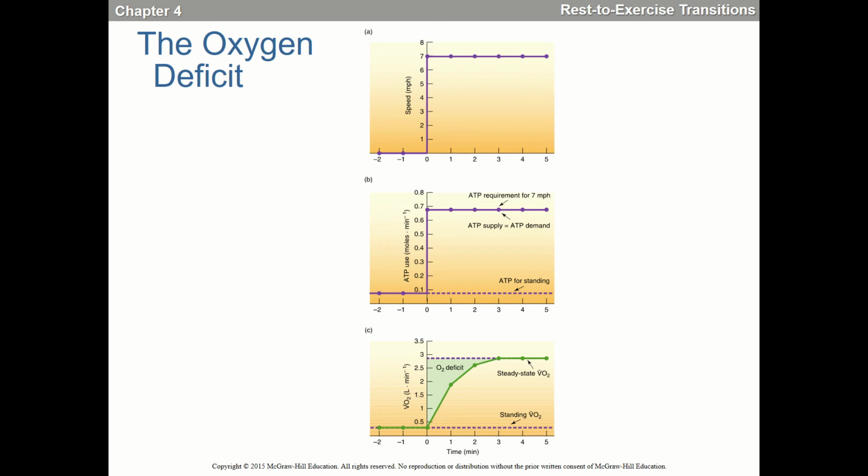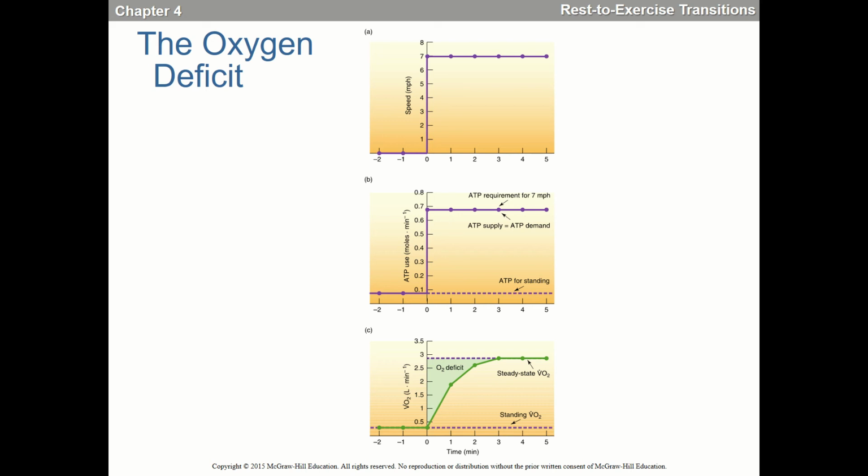So, oxygen deficit. Let's look at a couple things on here. Hopefully you have your stuff pulled out because it is kind of hard to see up here. There's an A, B, and C that I want you to notice is B and C. So there's a particular ATP requirement to run at a certain speed.